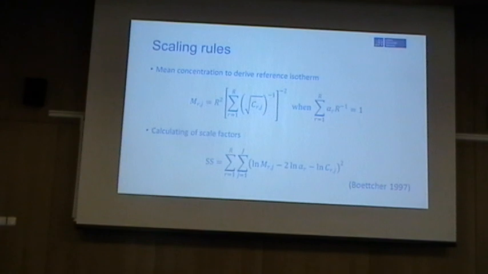The scaling needs a rule. Given the time, I don't want to explain every detail of these equations, but two parameters need to be known: the mean concentration to derive the reference isotherm, and the scale factors. More details are given in Böttcher 1997.